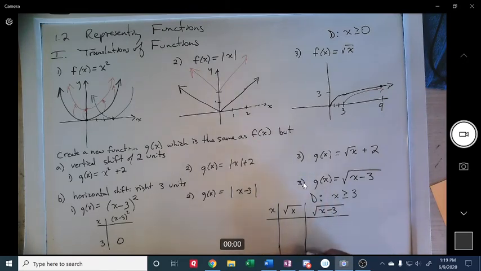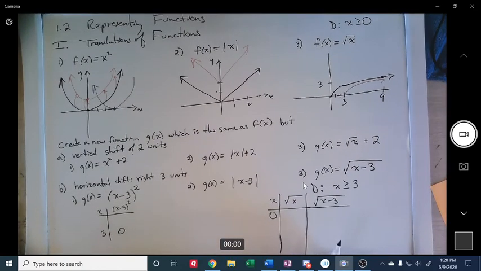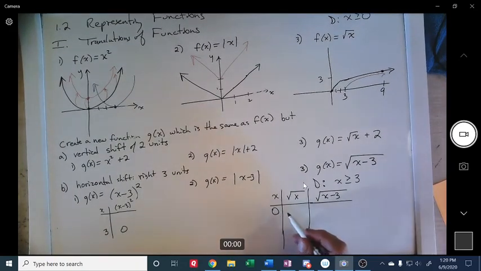Kind of a double table for this. If I was really trying to graph this thing with easy to use inputs, I would use 0, and the square root of 0 is 0. I'd use 1, the square root of 1 is 1. I probably wouldn't use 2 or 3. I'd probably jump right to 4, so a nice easy square root. And I'd probably jump to 9, the square root is 3.